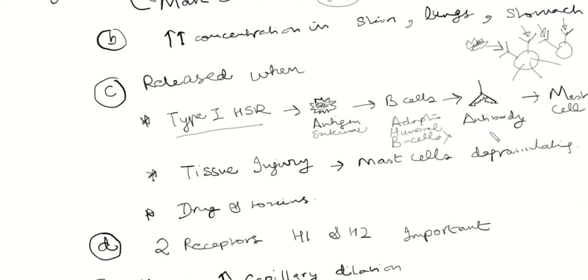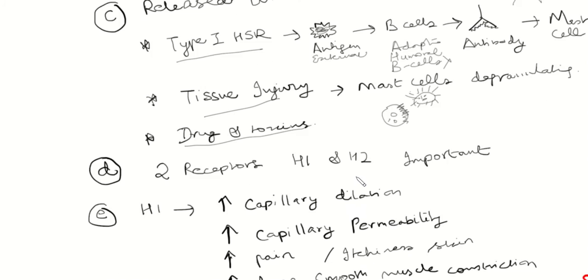Degranulates the mast cells, and now you have lots of histamine around. The second way is tissue injury, where your mast cells degranulate. You have your mast cell, and you have this bad guy, the bacteria, and it produces endotoxins which lyse it, and it releases histamine. Last but not least, you also have drugs and toxins.